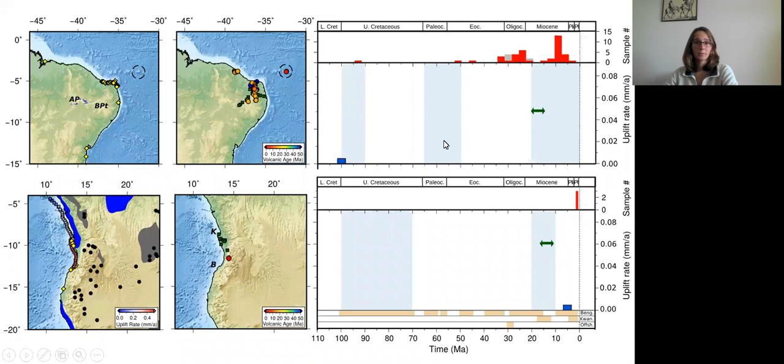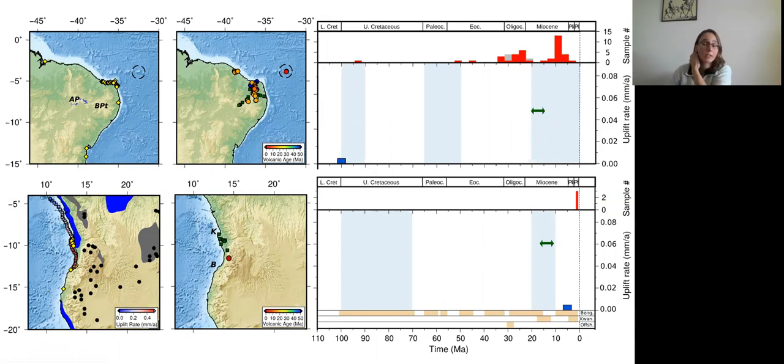These blue bars across the background are the exhumation events from the apatite fission track data, and the histograms across the top are the volcanic events. In Brazil, it's a bit more long-lived. In Angola, there's just the one event that we know of, but both of them are quite young and seem to coincide with some form of exhumation event in the fission track data.